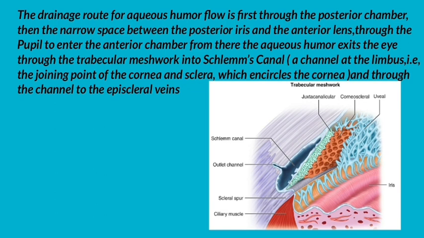From there, the aqueous humor exits the eye through the trabecular meshwork into Schlemm's canal, a channel at the limbus, the joining point of the cornea and sclera, which encircles the cornea, and through the channel to the episcleral veins.